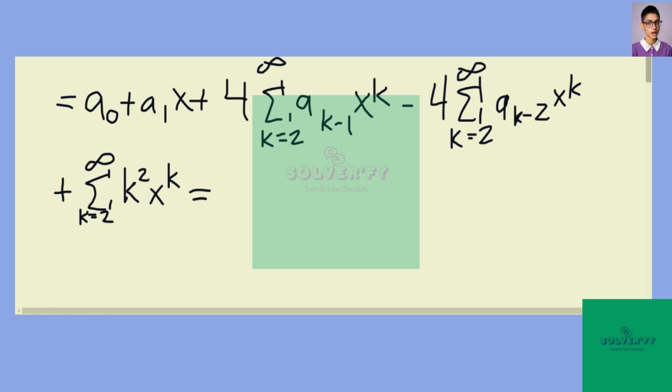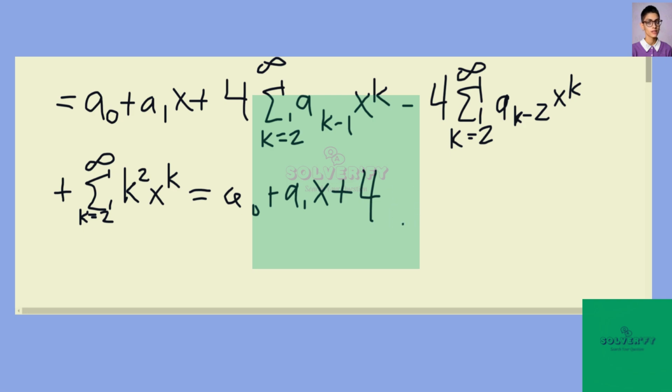This is equal to a_0 + a_1 x + 4 times, and then substituting k + 1 for k, we have the sum from k = 1.